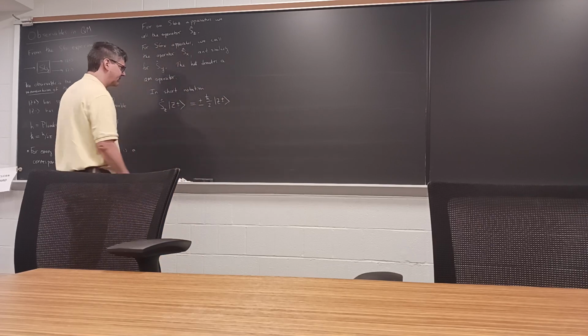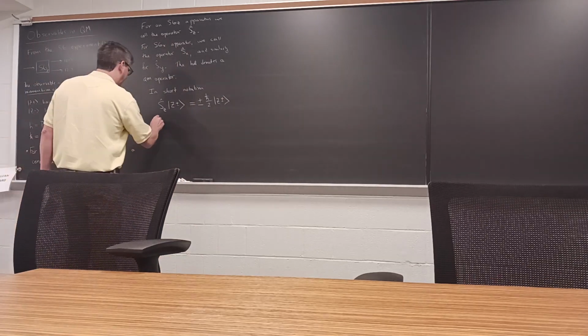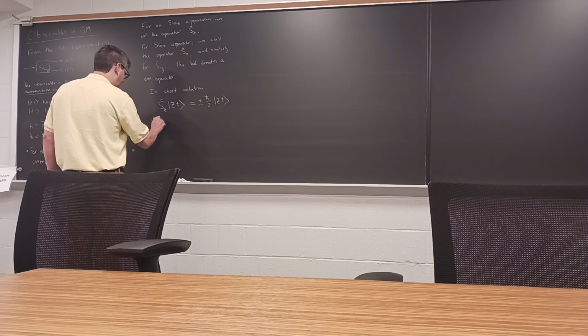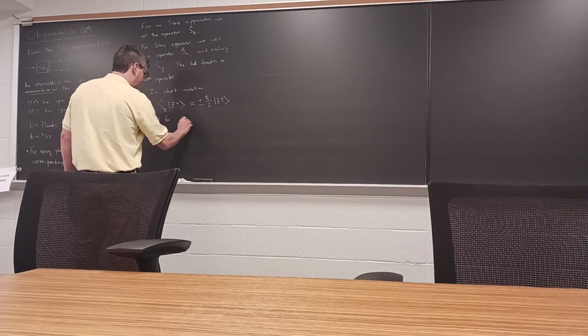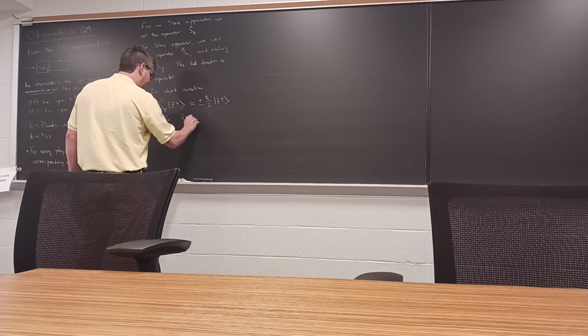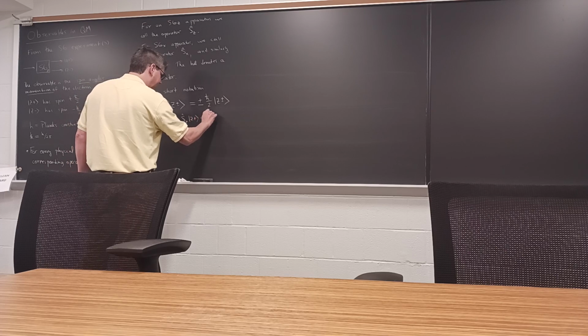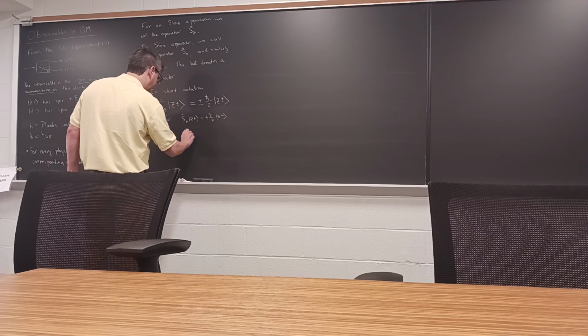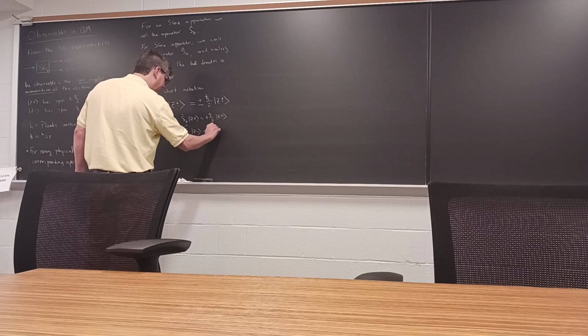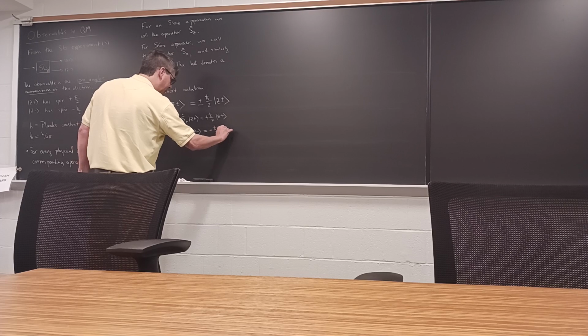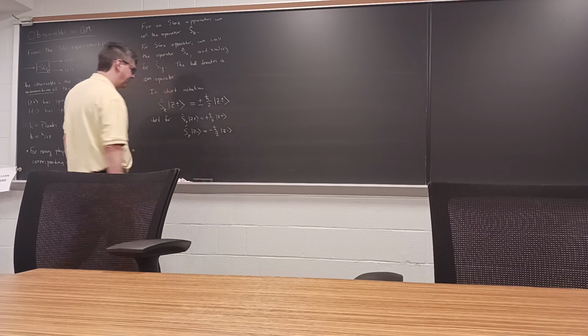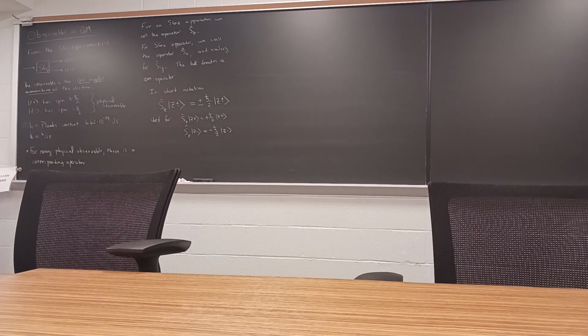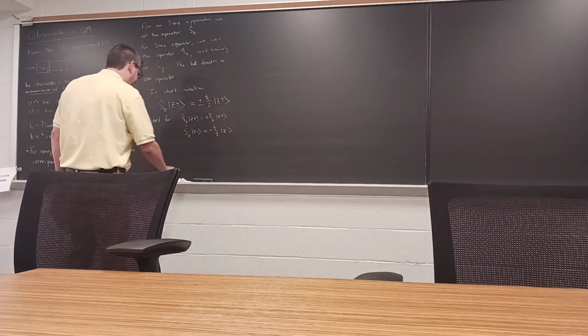This is shorthand for SZ Z plus is equal to plus h bar over 2 Z plus, and SZ Z minus is equal to minus h bar over 2 Z minus. Okay, just so we don't have to do too much writing.